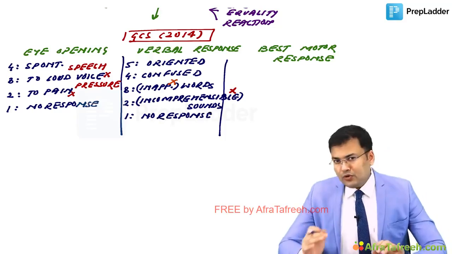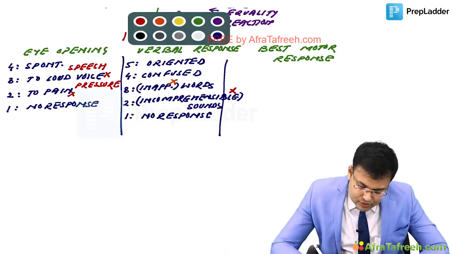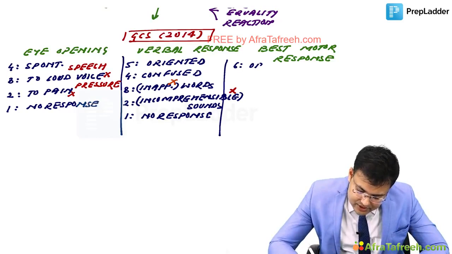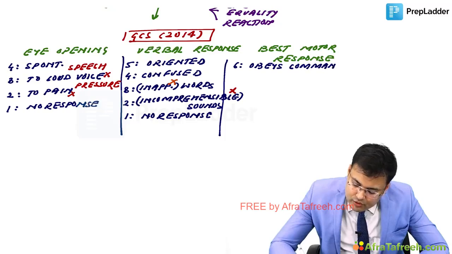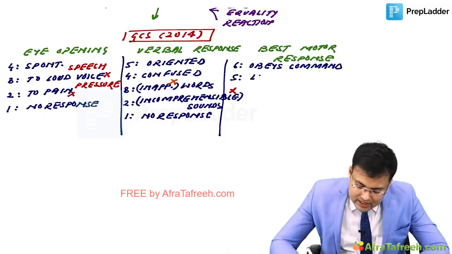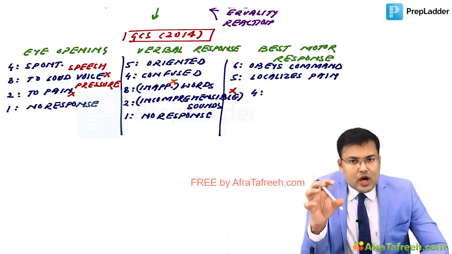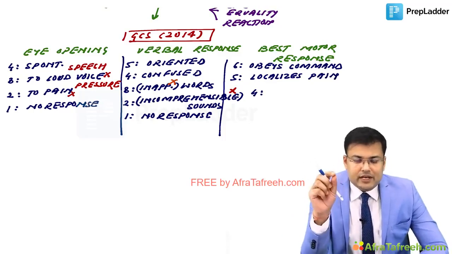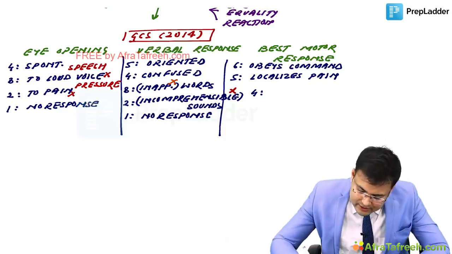Okay. Now coming to motor response. If the score is 6, it means patient obeys command. Whatever you are going to say, he is going to follow. If the score is 5, patient localizes pain. Score 4, here there is normal flexion. Normal flexion means whenever we apply the painful stimuli, there is withdrawal to pain.